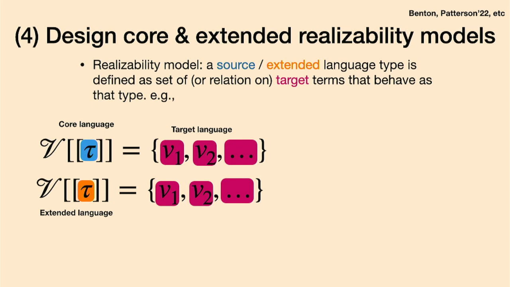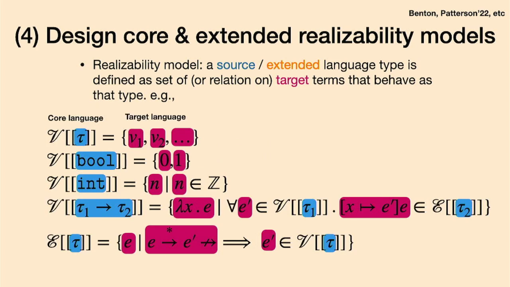So in this case, the blue language or the yellow language, but they're inhabited by target terms. So what you're saying is, how do I give meaning to, for example, a Boolean or an integer, source concepts, as these unary models of sets of target terms.